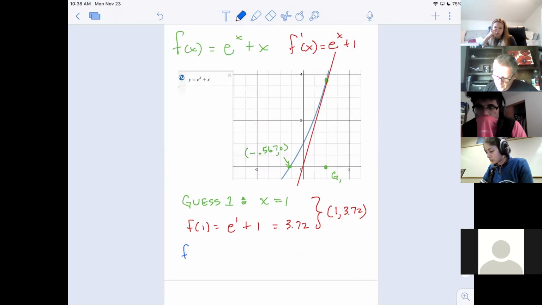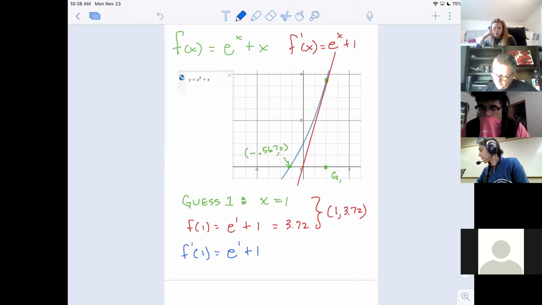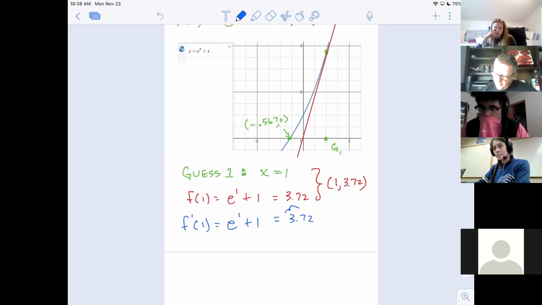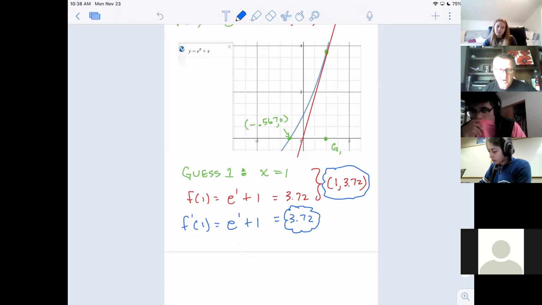f prime of 1 would be e to the 1 plus 1, which is also 3.72, coincidentally. So the slope is also 3.72. And so would you agree that if I'm armed with the slope and with the point, then it's not going to be hard for me to find the equation of that line?